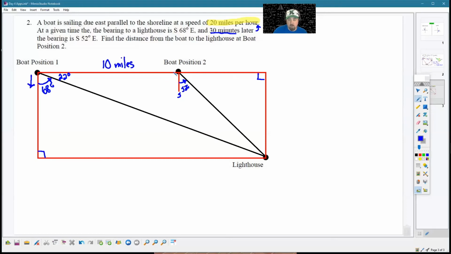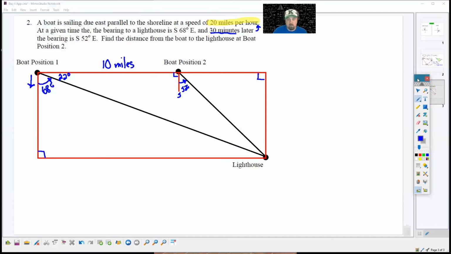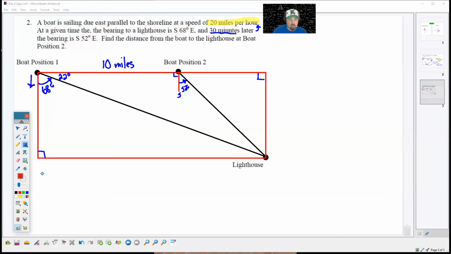But we also know that this is a right angle because that's south and that's west. So we do know that whole angle inside that part of the triangle right there. 90 plus 52 means that this is 142 degrees overall. That'll allow us to find this last angle in the triangle here, and we'll be able to use our law of sine. So let's see if we can put all this together and make the picture a little bit prettier.